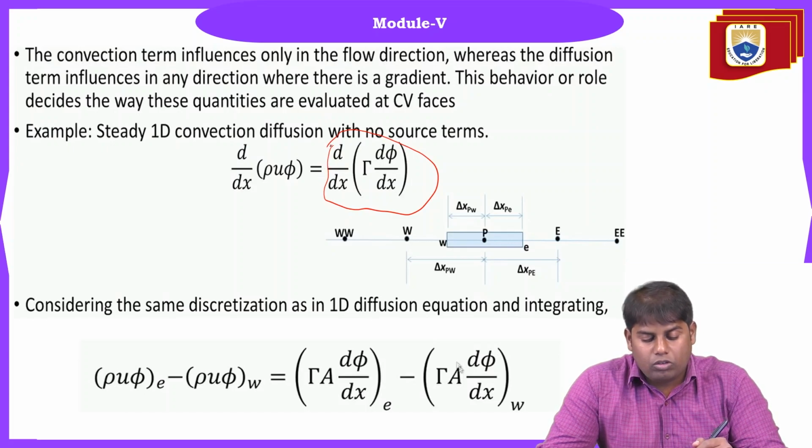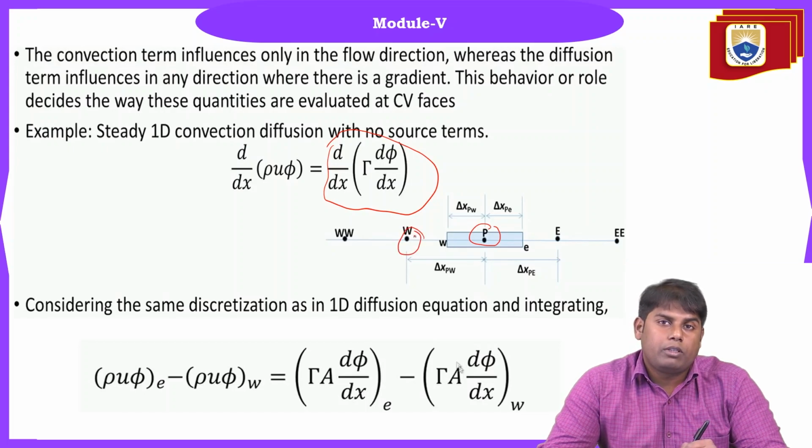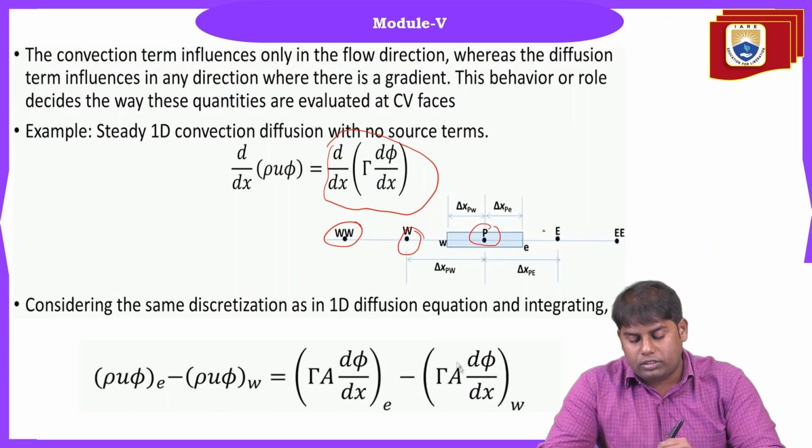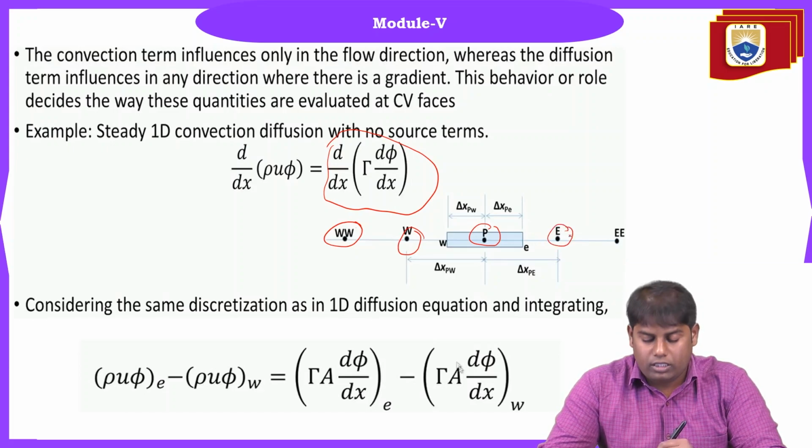To recap, we have given some sign convention, where P is nothing but a point of interest, W is nothing but the node which is present on the left, which is the west node. This is the immediate left. Then after we have E, which is called the east node, which is right. Next we have another east node EE.